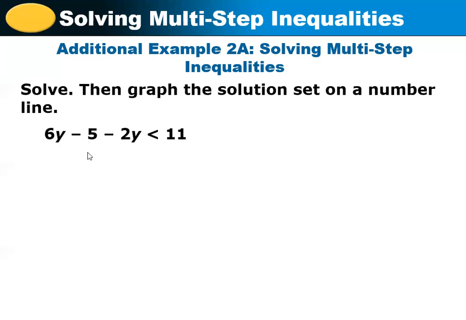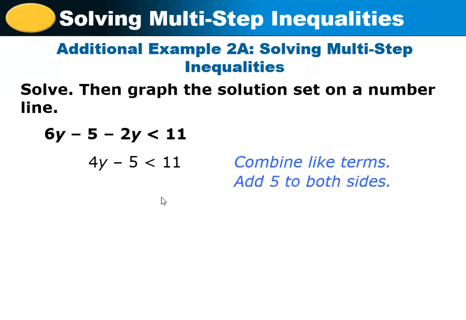So we have 6y and -2y, and we have -5. So the first step, we are going to combine the like terms together, which means it will be 4y minus 5. You have 6y minus 2y, like 6 minus 2, it will be equal 4y. So it will be 4y minus 5 less than 11.